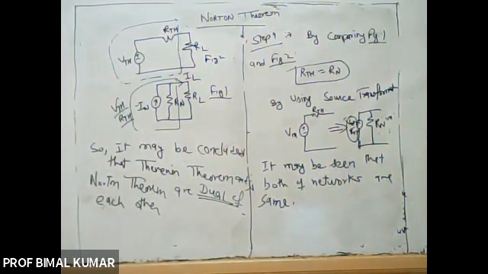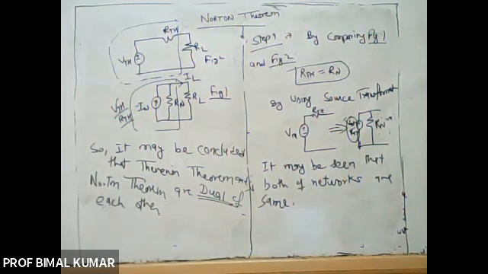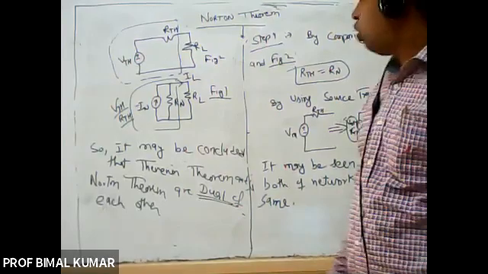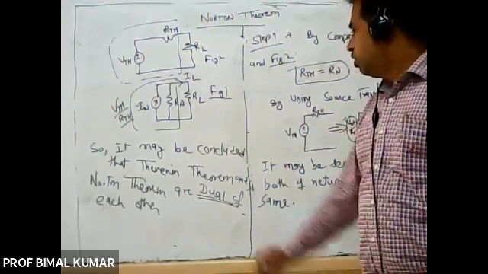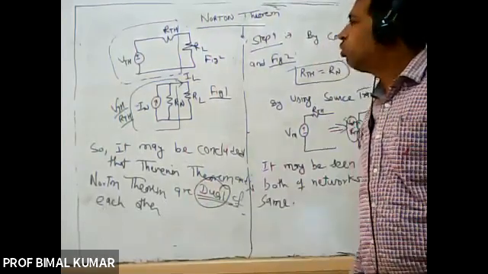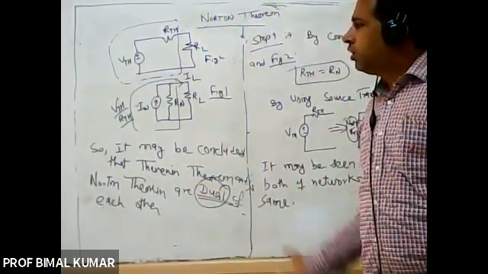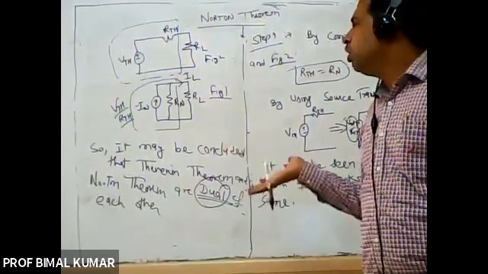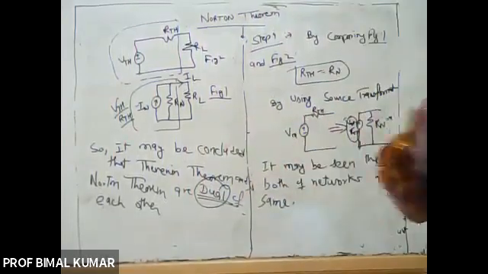In both of the theorem, this is the only different methodology. Otherwise, at the end, we will get the same result. So they are not opposite to each other. It may be seen that both are dual of each other. Dual means like same. Only methodology is different.